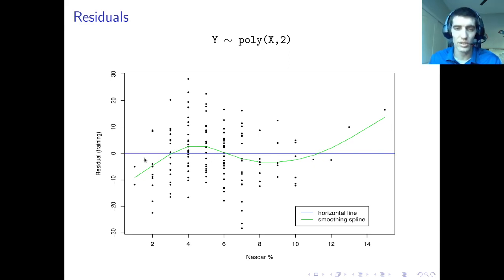The smoothing spline helps me to identify that the points are systematically below 0 in this region. As the smoothing spline tracks through these points, it predicts a little bit above 0, a little bit below 0, a little bit below 0, and a little bit above 0. I'm not super concerned with these regions. They might be a little problematic in terms of the assumptions, but they're a little above and a little below.